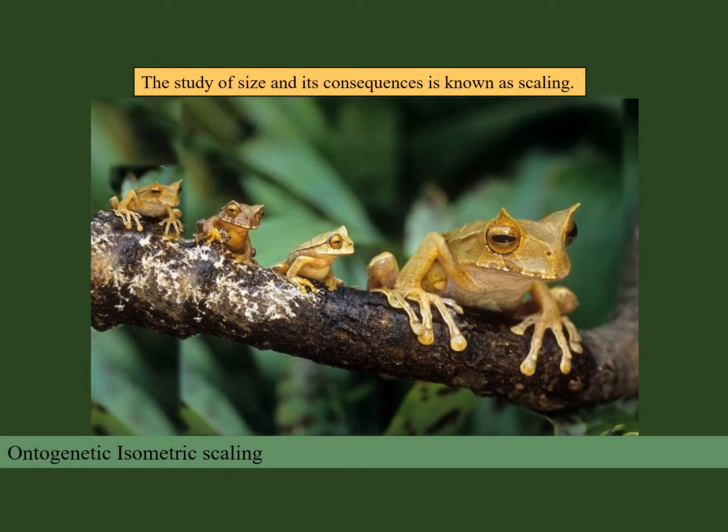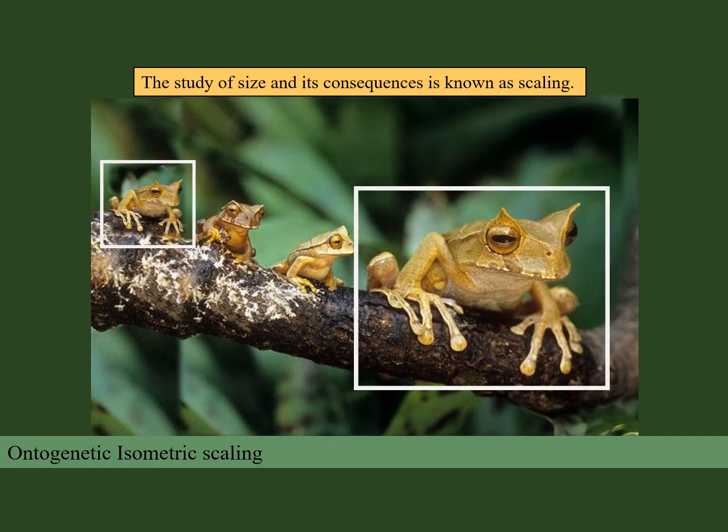I tried to illustrate that if you simply take the photograph and modify the size, then it's hard to distinguish the individuals. So the third little one, the third juvenile sitting on the log, has actually been added in, and that's the adult. I simply clipped the photo, shrunk it, and made it the same size as the juveniles. And you really can't pick that out very easily. So that's isometric scaling.